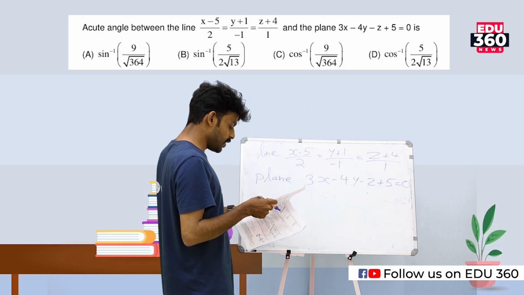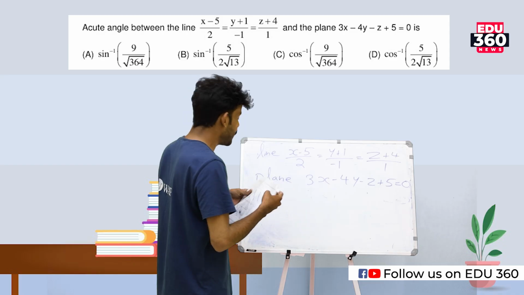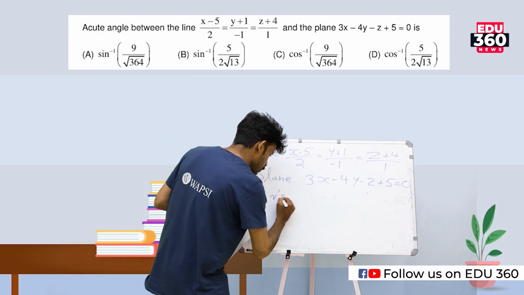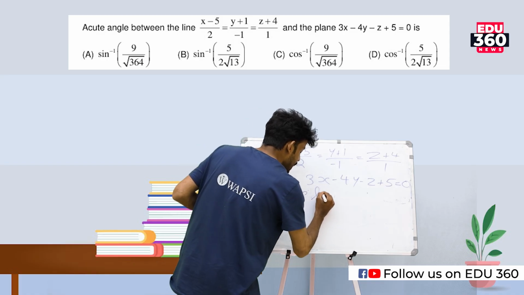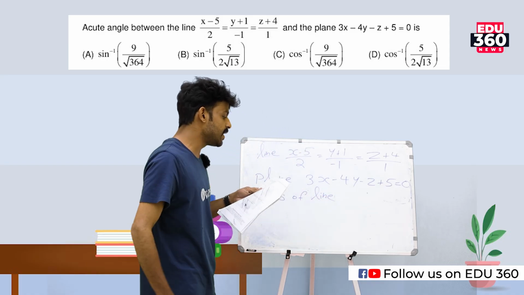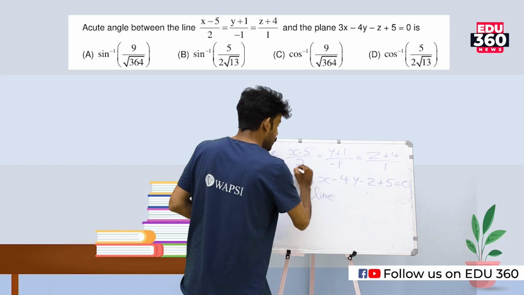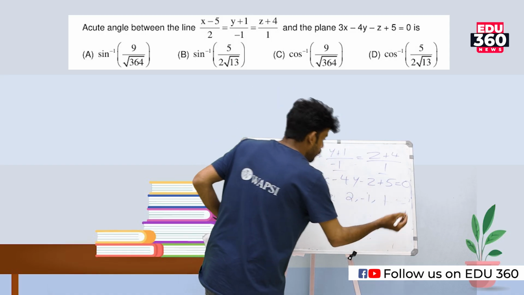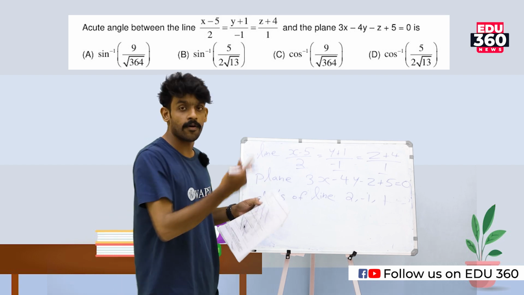So from this we can write the direction ratios. The direction ratios of the line, just look here, are 2, minus 1, 1. So these are the direction ratios of the given line.